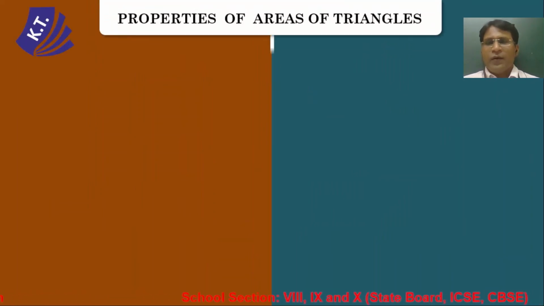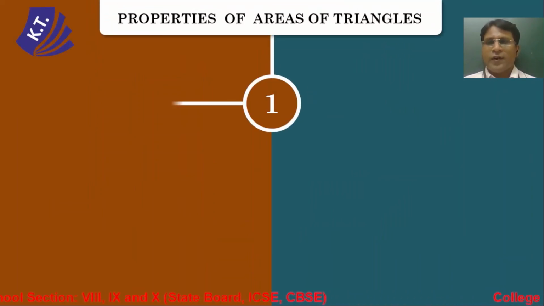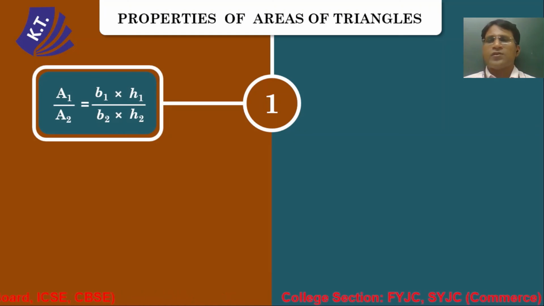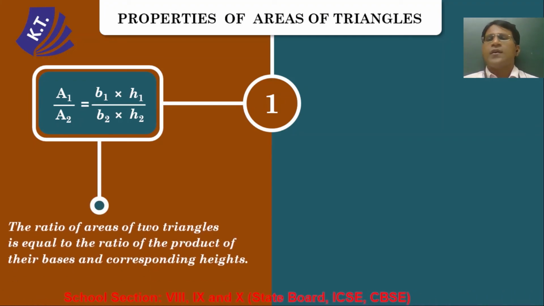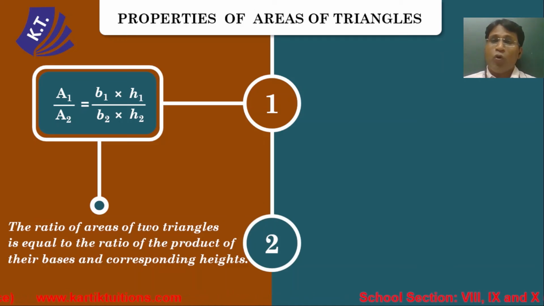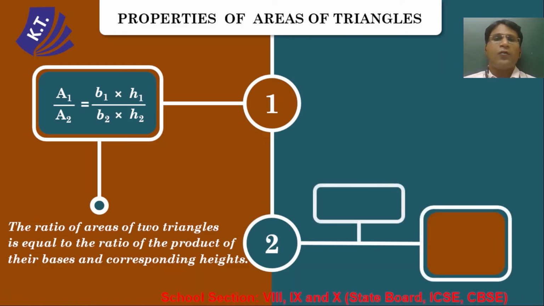This is the first property we have already studied. Let us revise the statement: the ratio of areas of two triangles is equals to the ratio of the product of their bases and corresponding heights.